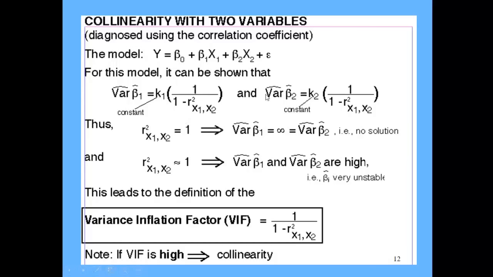And you can also show that the estimated variance of beta 2 hat is a different constant times 1 over 1 minus r squared, the correlation between x1 and x2.